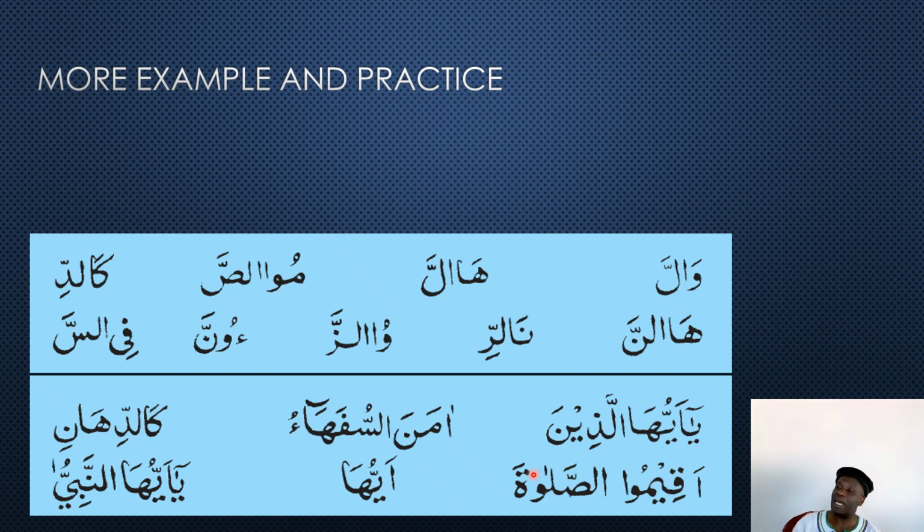Aqimu salata. Okay. Alif fatha ya with a dhamma and a shadda is ayyuha. Ya ayyuhan nabiyyu. Right. Ya ayyuhan nabiyyu.